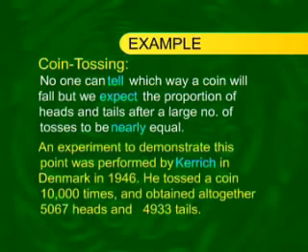An experiment to demonstrate this point was performed by Kerrich in Denmark as far back as 1946. He tossed a coin 10,000 times and obtained altogether 5,067 heads and 4,933 tails.